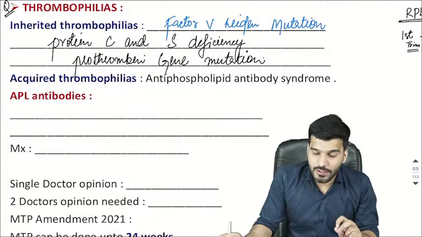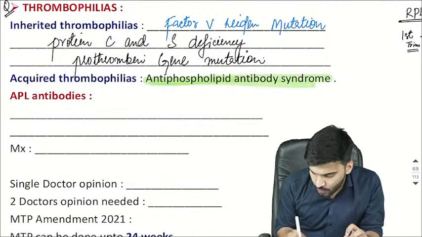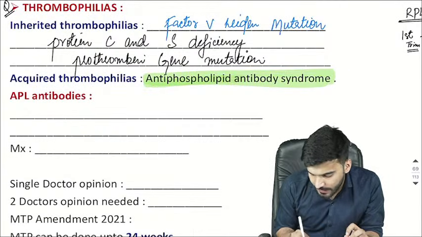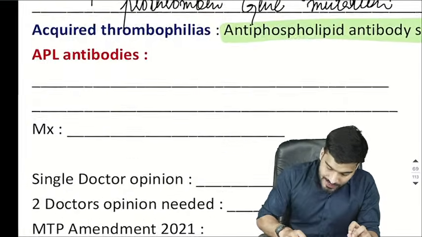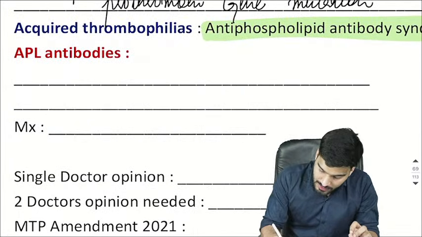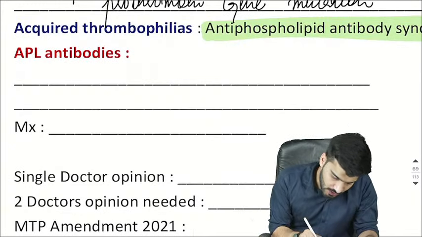Now next to that we have acquired thrombophilias. What are acquired thrombophilias? We have a classical syndrome which is called anti-phospholipid antibody syndrome. So we have these three antibodies. What are these three antibodies? Please do remember this, because a question can be asked and these antibodies will be mentioned in your case. Now what are the antibodies?